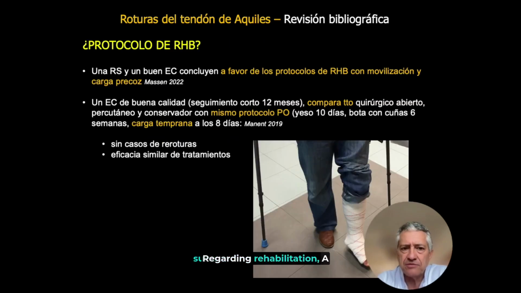Regarding rehabilitation, there are also controversies. A systematic review and a good clinical trial concluded in favor of rehabilitation protocols with early mobilization and loading, which is somewhat in contrast to the rupture rate provided by Wu in his study.